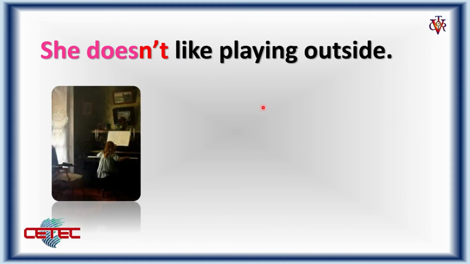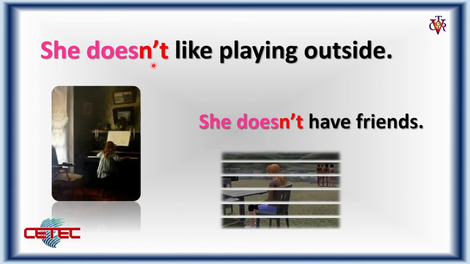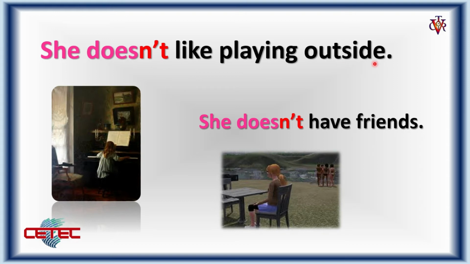Let's see another example. She doesn't like playing outside. She doesn't have friends. Here the verbs are like and have. Now, the negative auxiliary option is doesn't. Don't forget, they use she, he, it, doesn't. She, because we are talking about a girl.